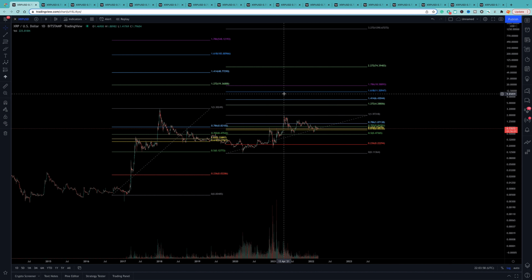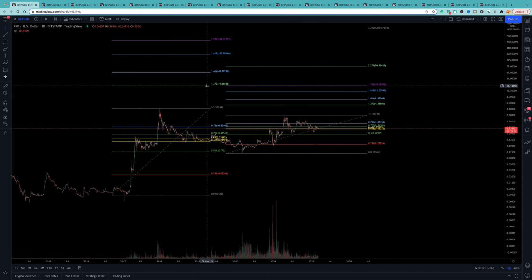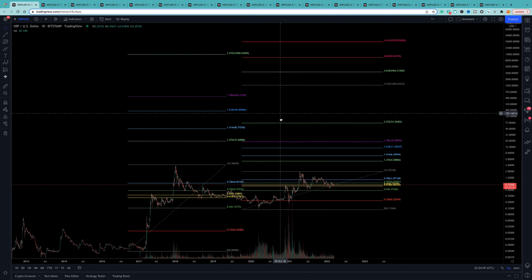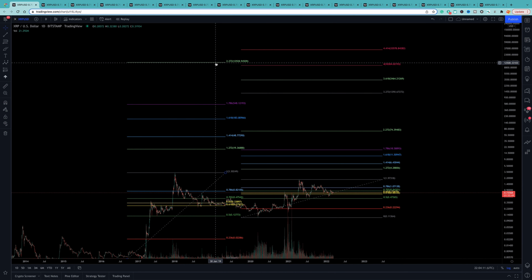So now look at this. As we go up, the first one is the 1272, the 1786 here, the 1414, they're not too close. The 272 here, although this is back on log again.